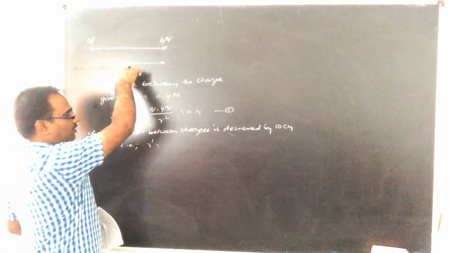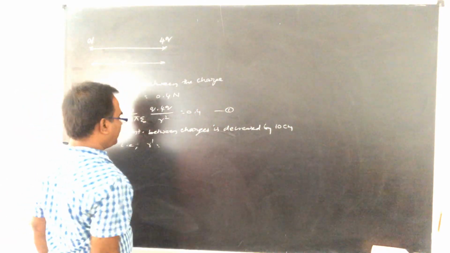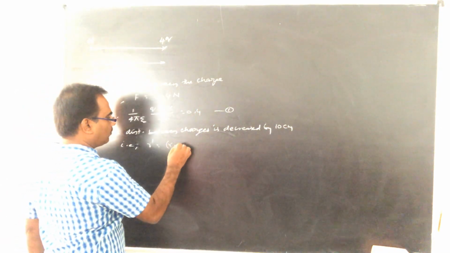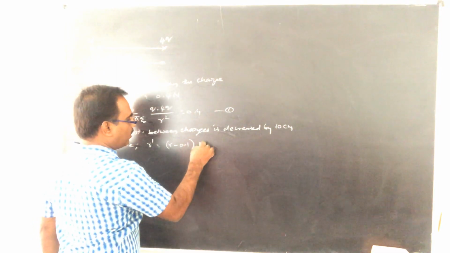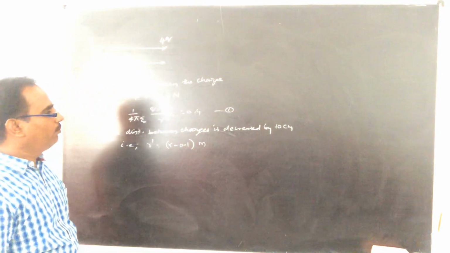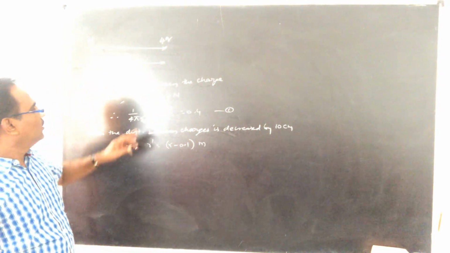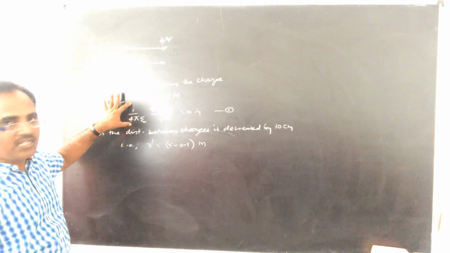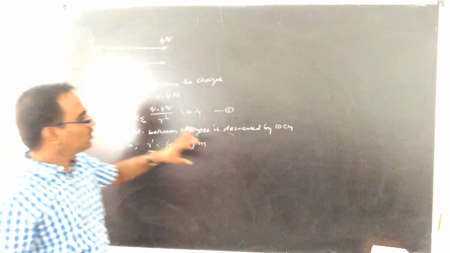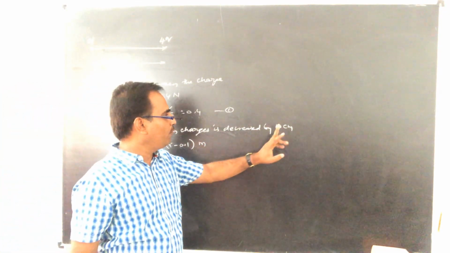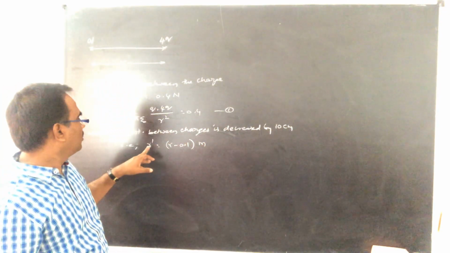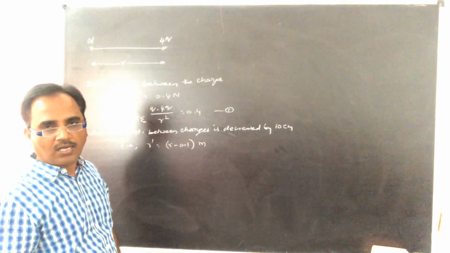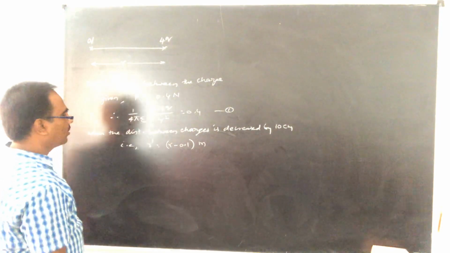Initial distance is r. When it is decreased by 10 centimeter, new distance will become r minus 0.1 meter, because this formula of Coulomb's law is valid only in SI system. So this distance being given in centimeter, obviously you have to take it in meter. Therefore the new distance will become r minus 0.1 meter.